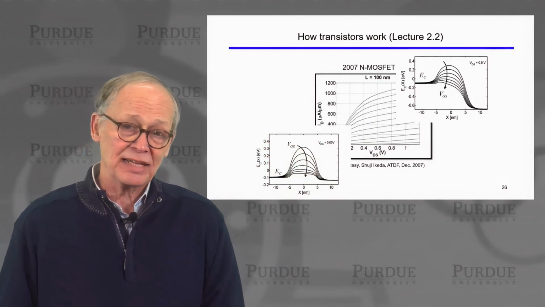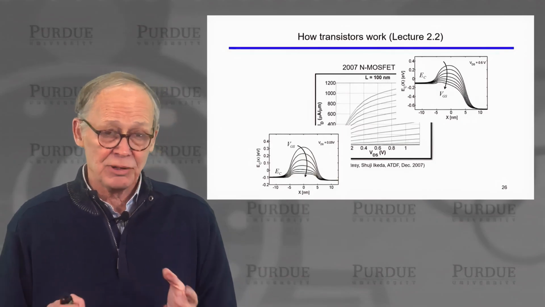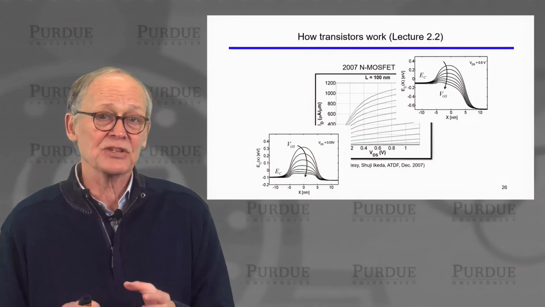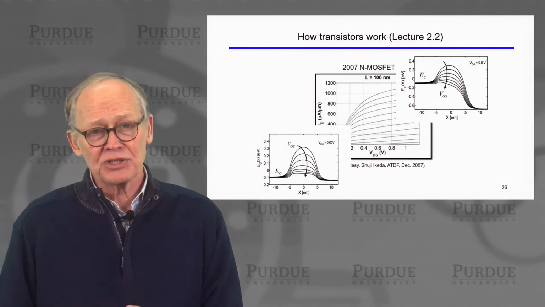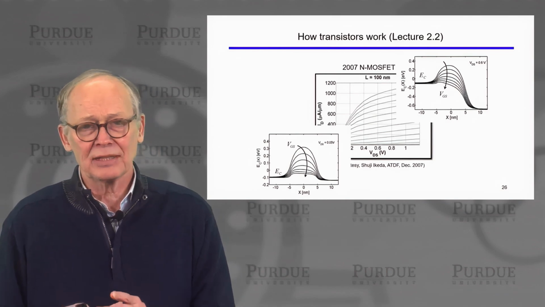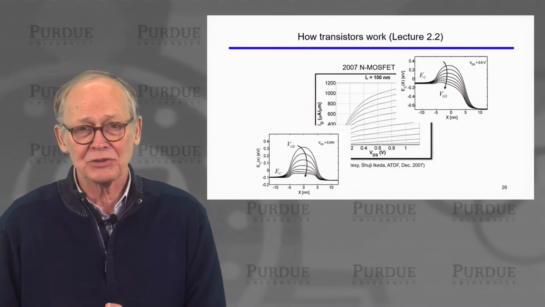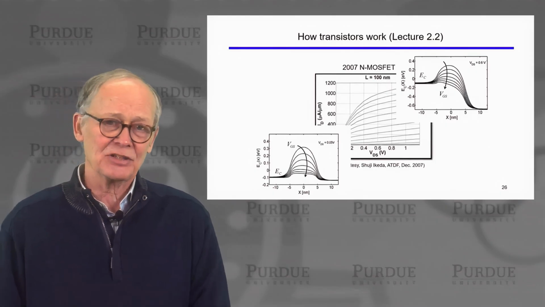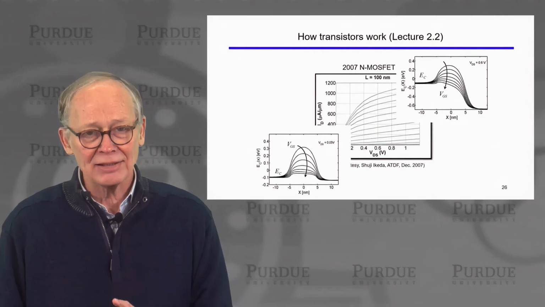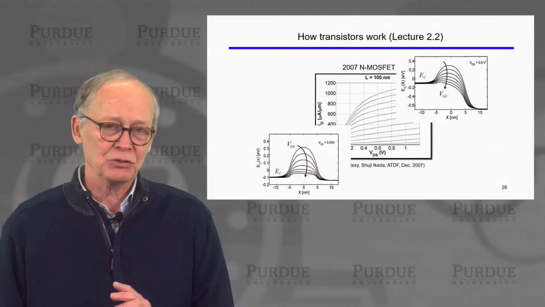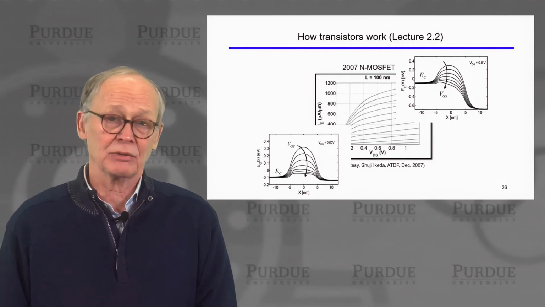That gives the shape of the IV characteristic. The traditional transistor model describes that shape. In very short channel devices, we have ballistic and quasi-ballistic transport. We have to account for that, but it doesn't change the shape of the transistor characteristics. It only changes the magnitude of the current.